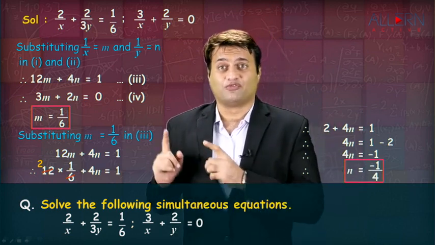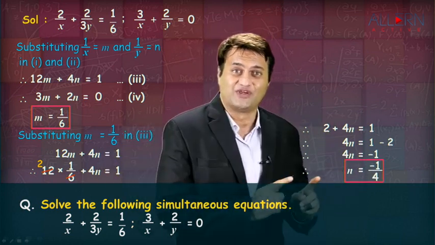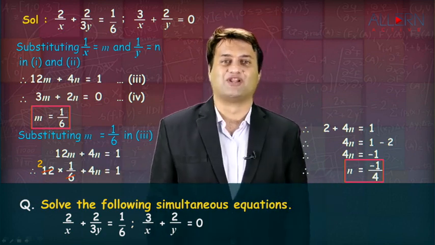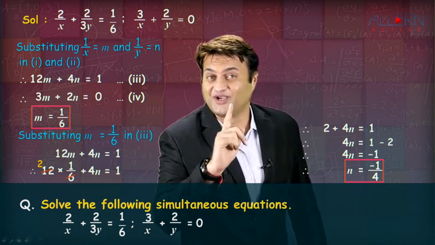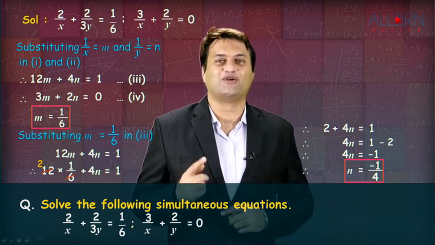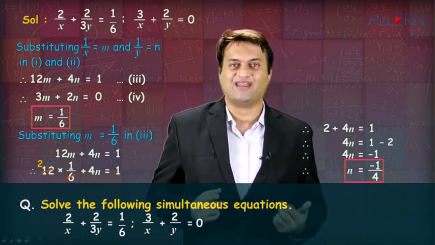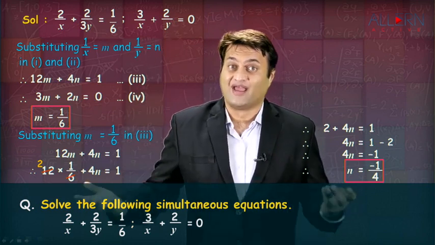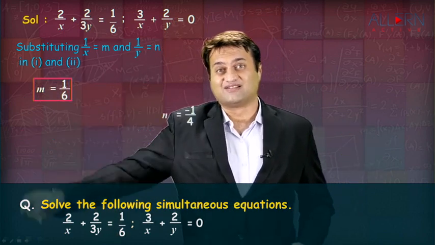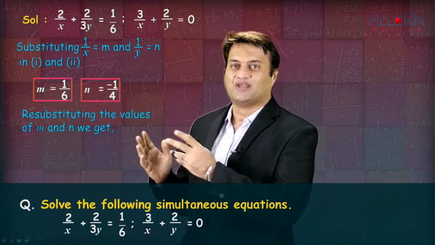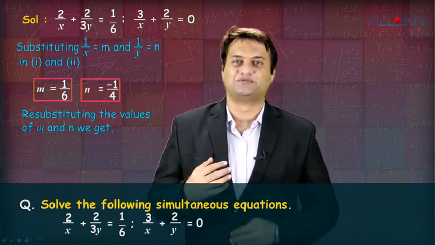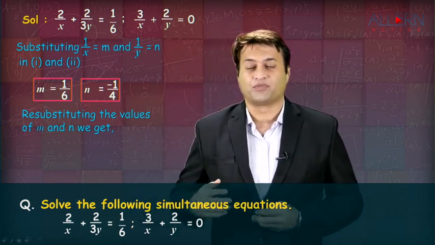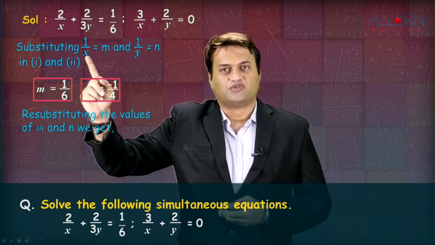You get the value of m as 1 upon 6, you get the value of n as minus 1 upon 4, but the sum is not yet over. Why? Because we are not interested in the values of m and n, we are interested in the values of x and y. And for that, as we all know, wherever there is a substitution, there has to be a resubstitution. So, let us resubstitute the values of m and n. m is 1 upon x.